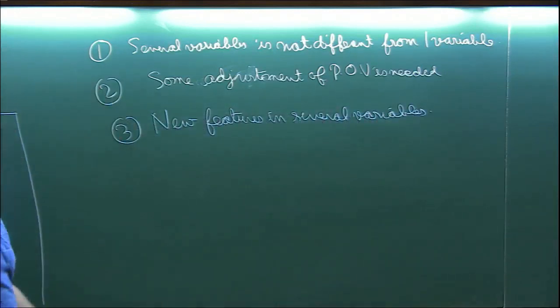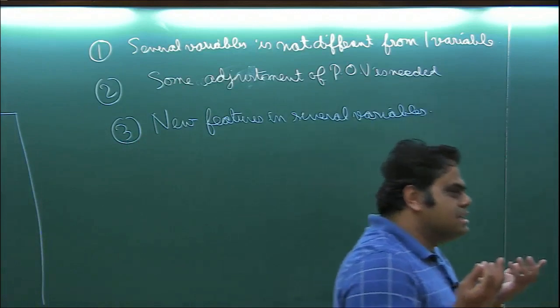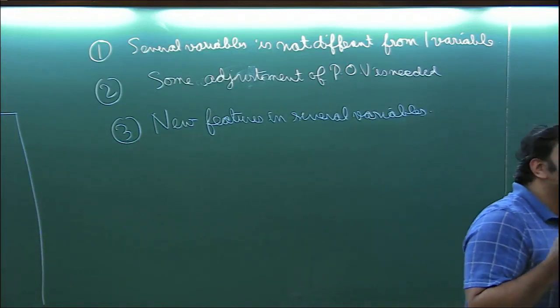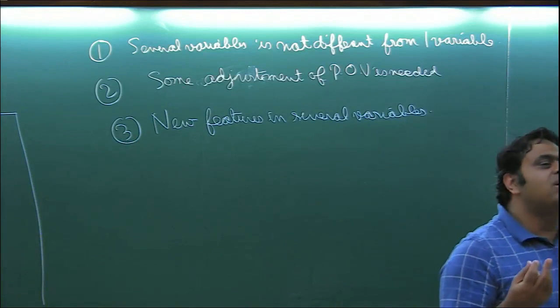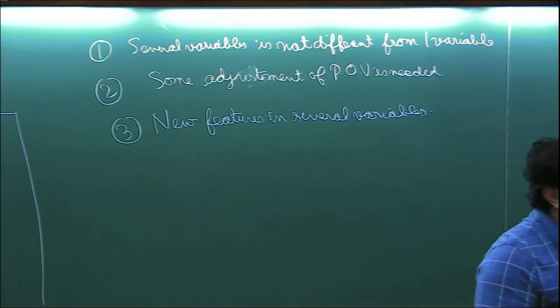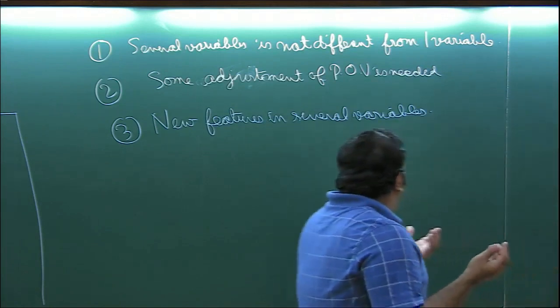Examples of the first are many. For example, we know in one variable holomorphic functions have power series. Similarly, in several variables, holomorphic functions also have power series. In one variable, these power series live on disks. In several variables, they live on polydisks, and so on. So there are many facts about one variable which quite easily generalize to several variables.